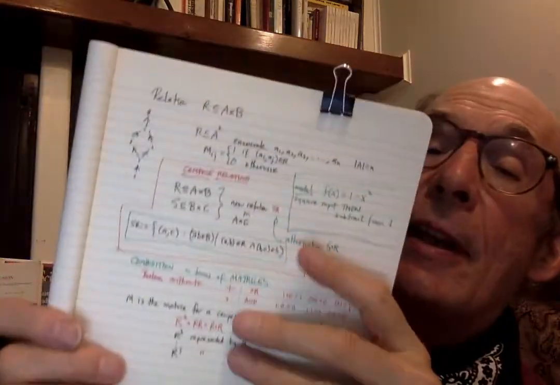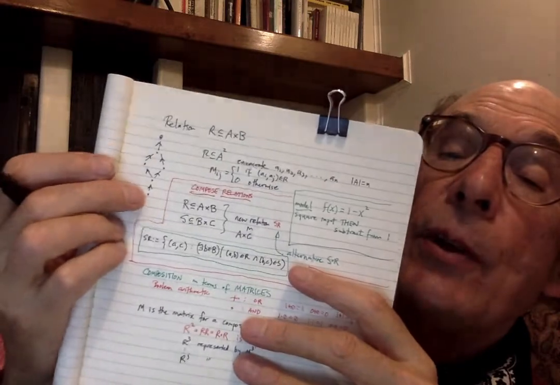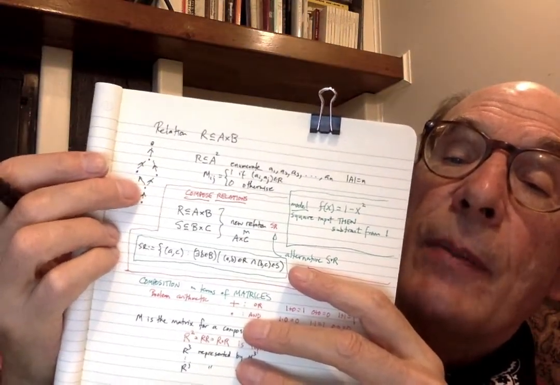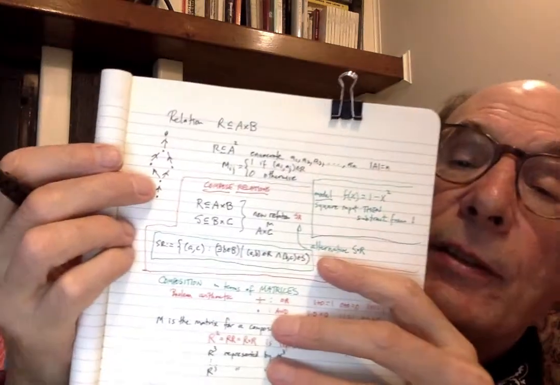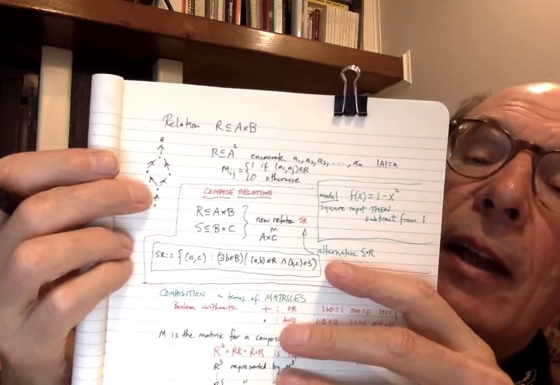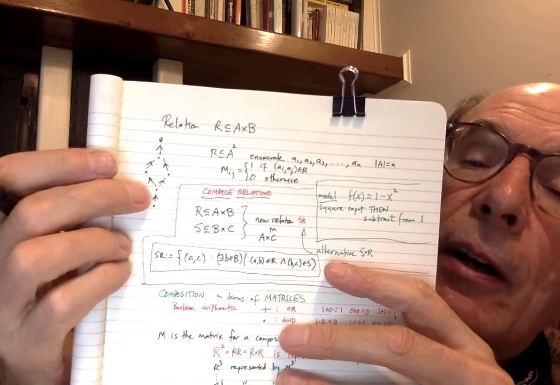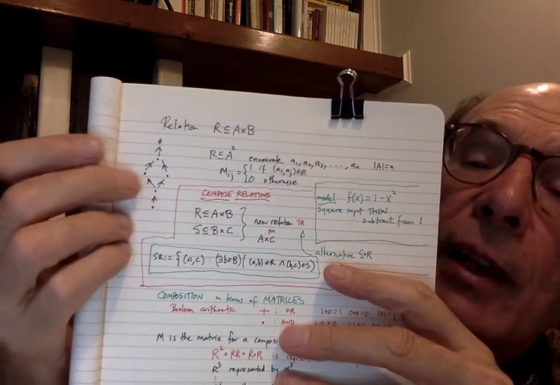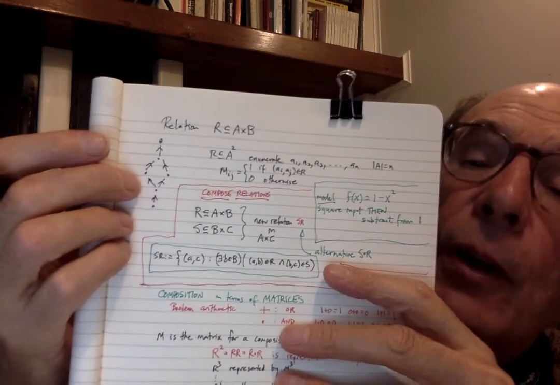And what happens there is when you compose, you have this pair represented by this lowest vertical edge in the graph. That is an element in the relation, and then you go from the second one up here to this other one.